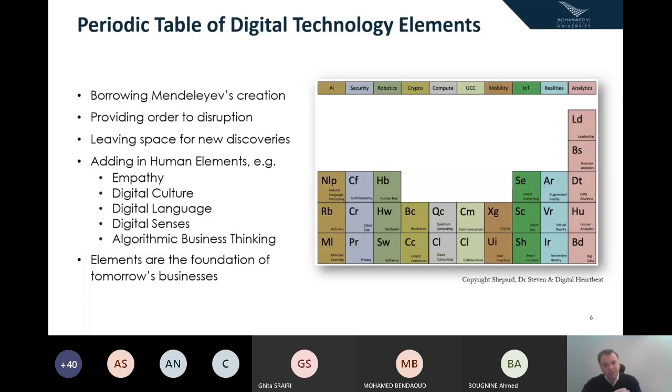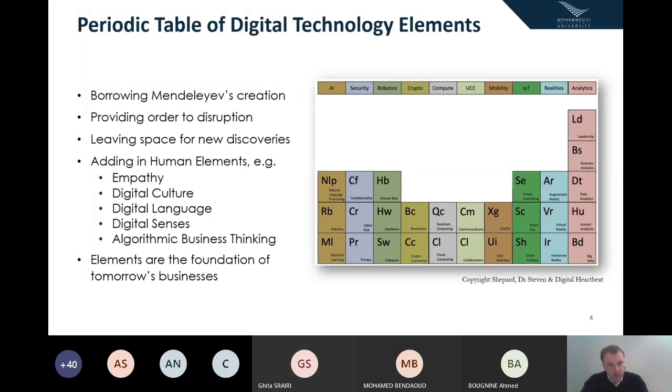Now, one thing we haven't spoken about here is the human element, or the human elements of our periodic table of the future. As the human and machine relationship is recalibrated in today's digital economy, we can expect, as Mendeleev recognized in his elegant design, new elements to be unearthed and added to our table. A number of these elements will reflect our new partnership with digital technologies.